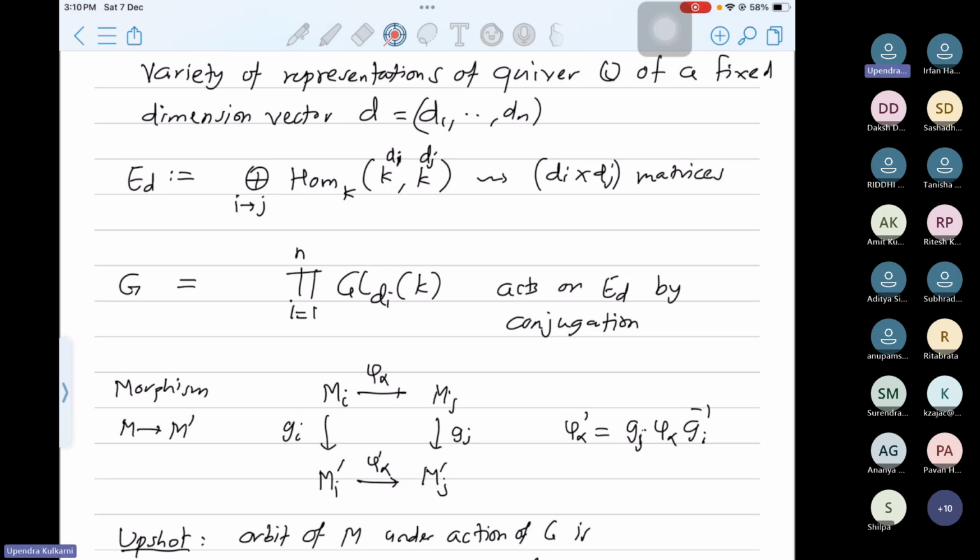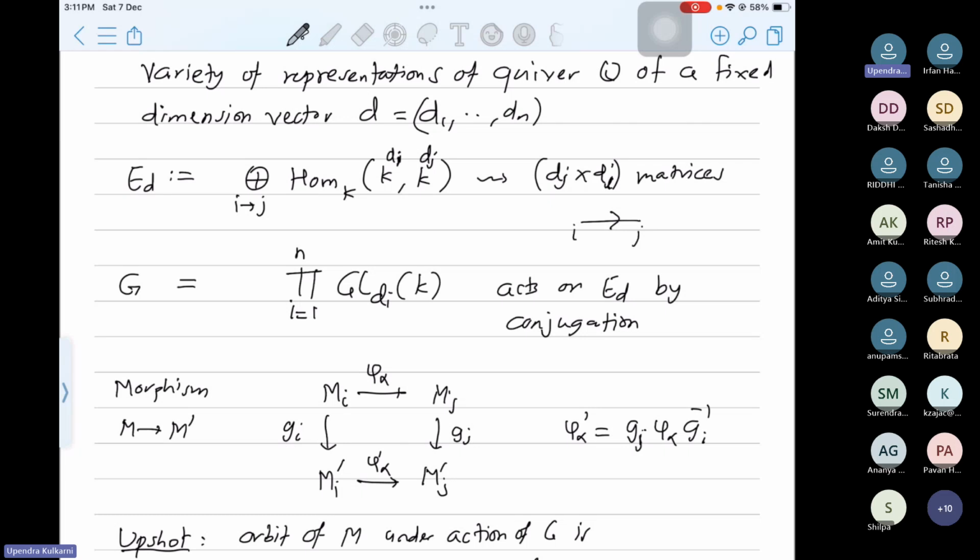And what does it mean to give maps? Whenever there is an arrow from i to j, I have to put a matrix over here. What matrix will that be? Strictly speaking, a matrix of size d_j times d_i.